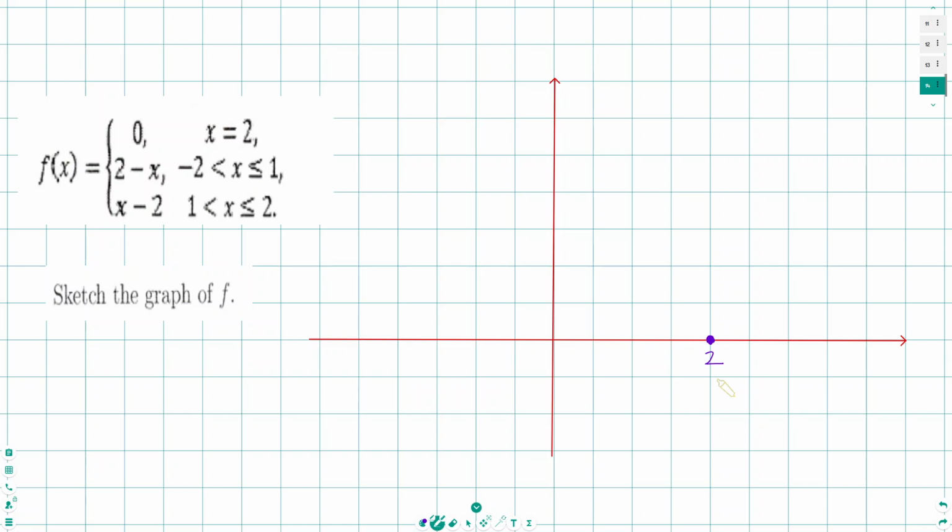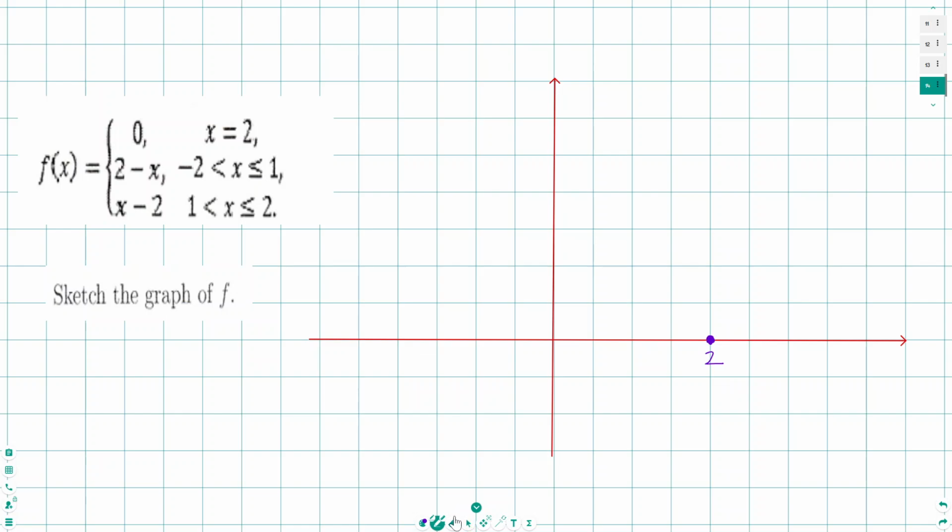The second domain are the values of x between -2 and 1, excluding -2 and including 1. And the function is a straight line, 2 minus x. To sketch this function, we can find at least 2 points, the lower bound and the upper bound of the x.